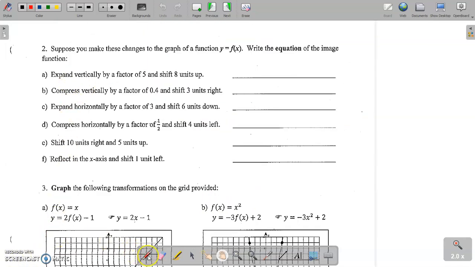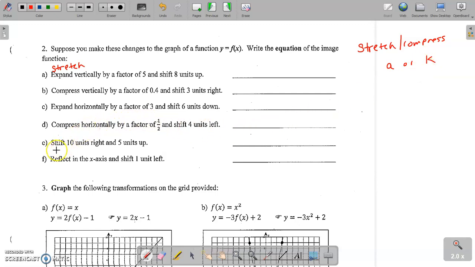For the next one, on page 2, keep in mind that expand is the same as stretch. Whenever you see a stretch, compress, or expand, you know that's going to affect either the a value or the k value.